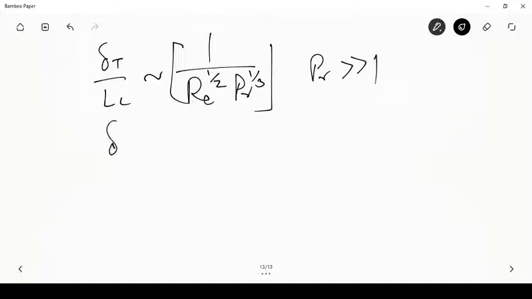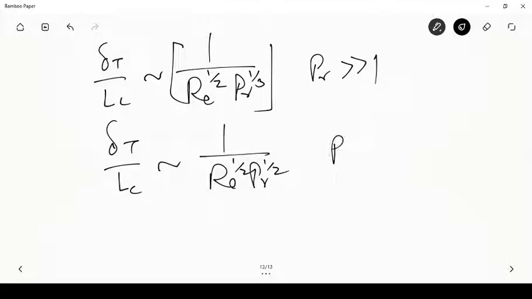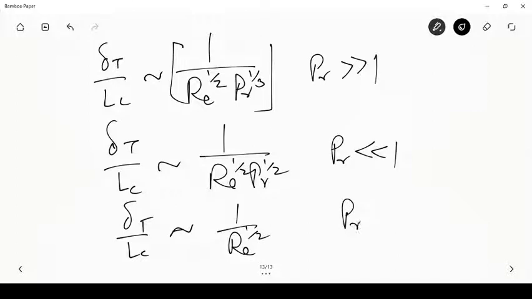What do we recall from Prandtl number much less than 1? Delta t by LC is of the order of 1 over Re to the power of half Pr to the power of half for Prandtl number much less than 1, and delta t by LC is of the order of 1 over Re to the power of half for Prandtl number of the order of 1.